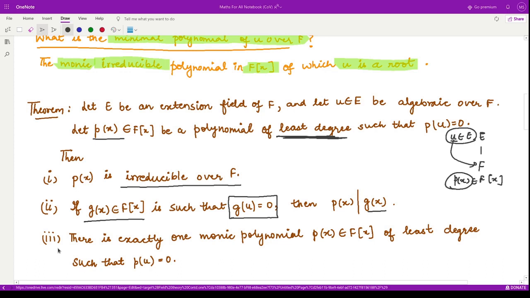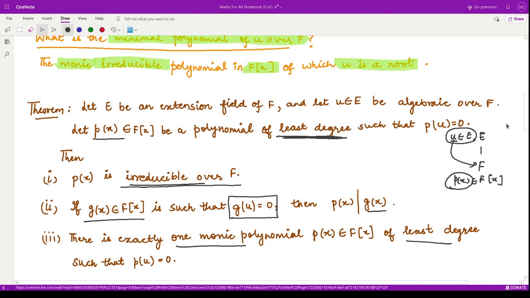And the third result says that there is exactly one monic polynomial of such kind, that means of least degree, such that u satisfies that polynomial. So from here, can you see the relation: least degree, irreducible, and monic. So that is the minimal polynomial. So from here, the connection between them is clear.